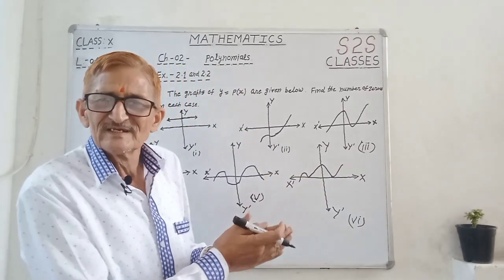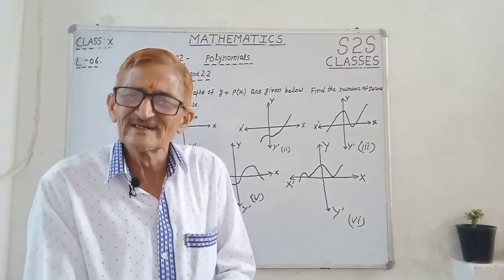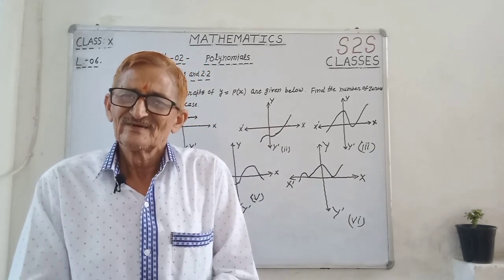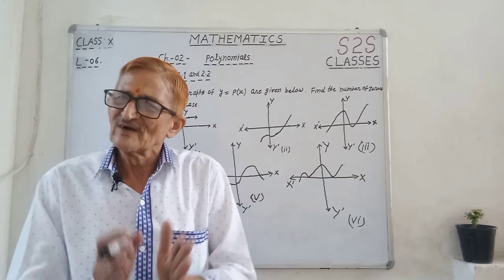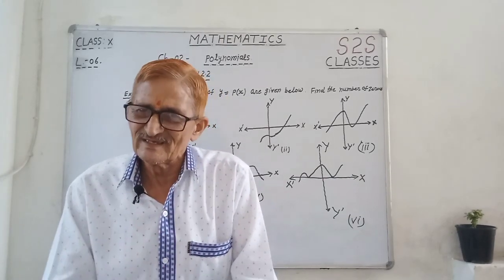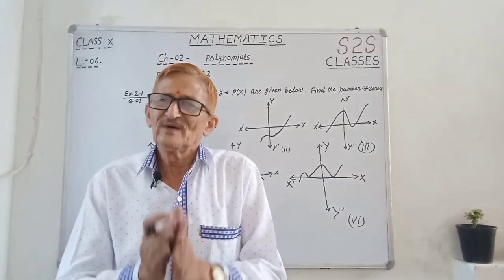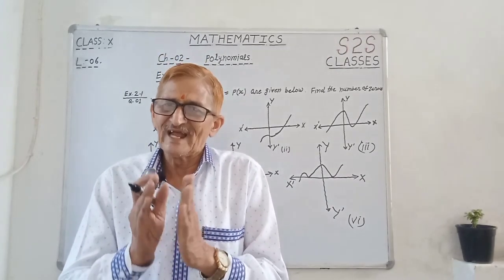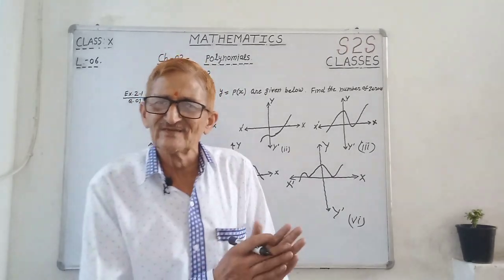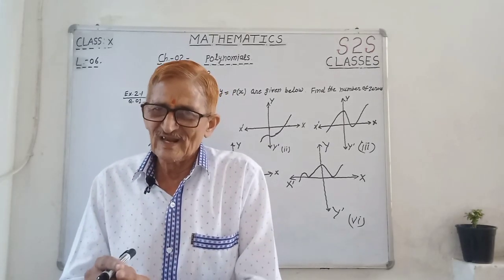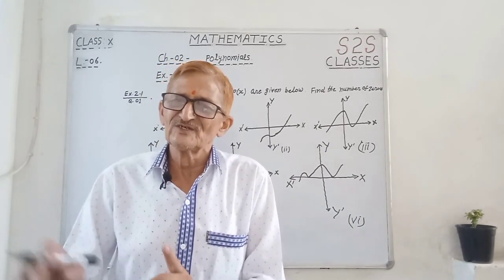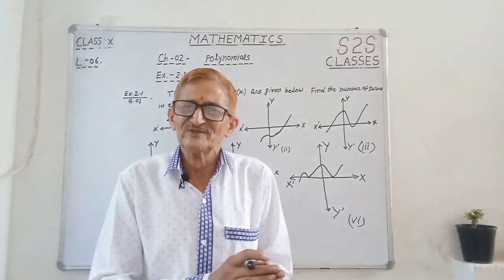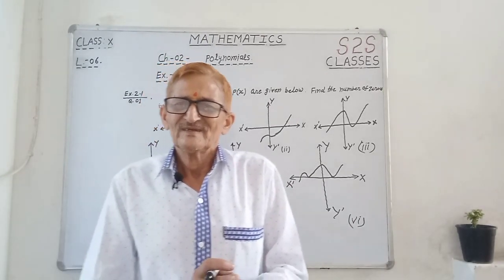So how many zeros? How many points are cut by the graph on the x-axis? Why? Because on the x-axis, if any graph cuts or touches, then it means that point on the x-axis has coordinates (x value, 0), because the y coordinate is 0 everywhere on the x-axis. You know this in 9th class also.